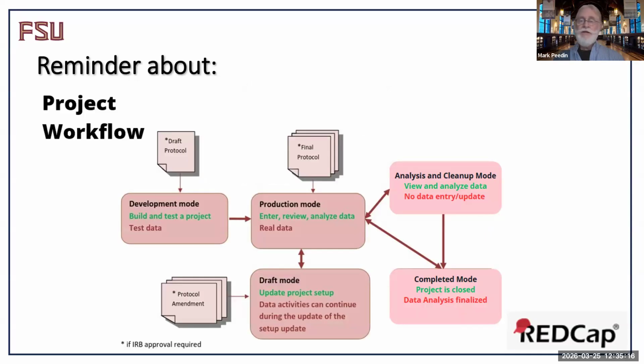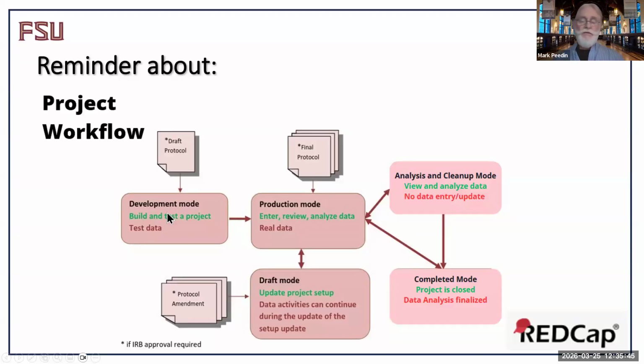I want to review, if I could, for a moment, the life cycle of a project generically. In this nice graphic, first off, the idea of building a project is born, a protocol is drafted, and then they get a project in REDCap and they start developing.